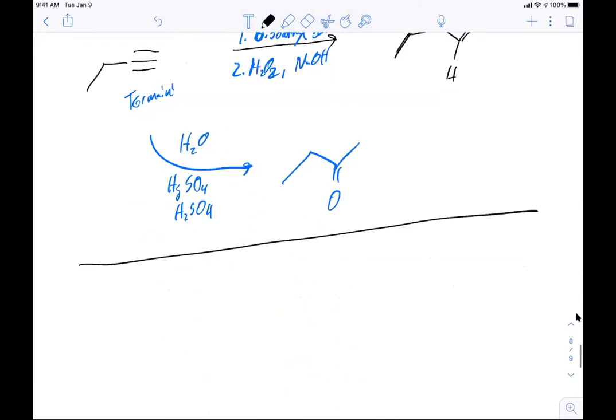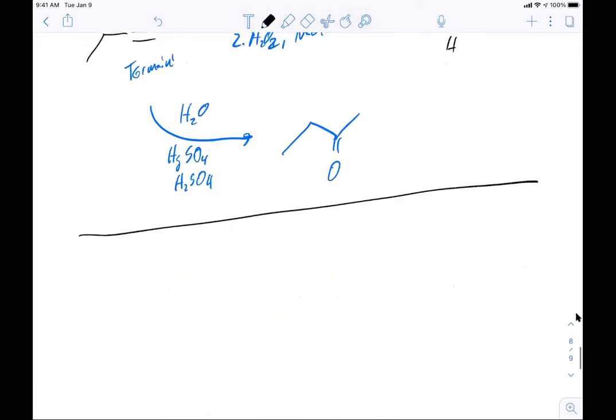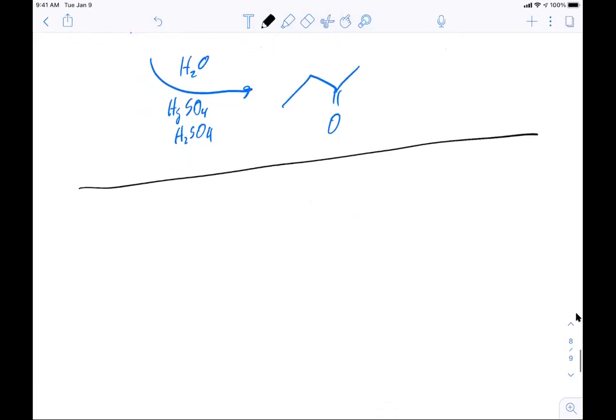Okay. So this next one, I'm going to give you the starting material and the reactants. I want you to pay close attention to the stereochemistry and regiochemistry.